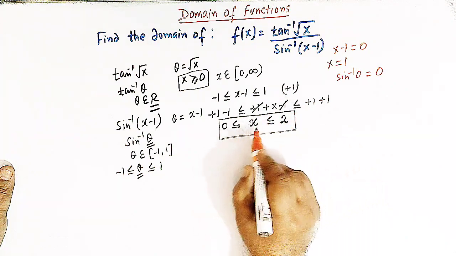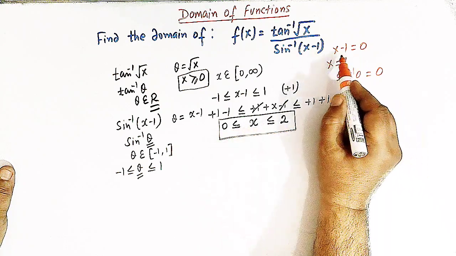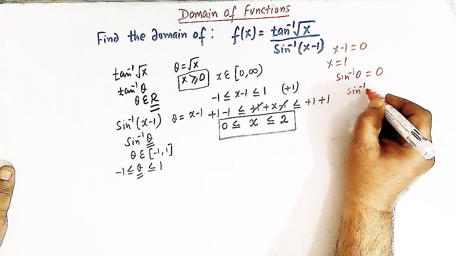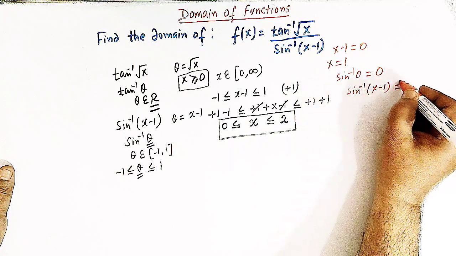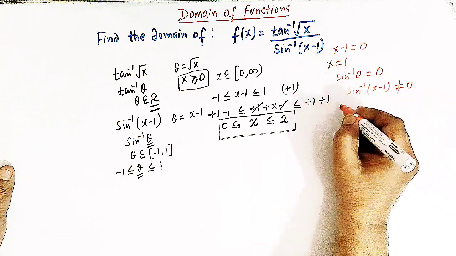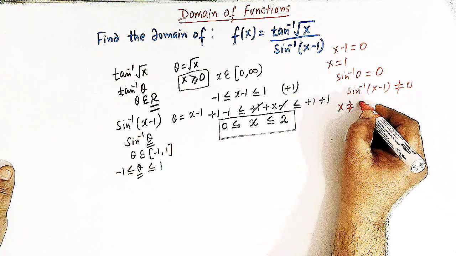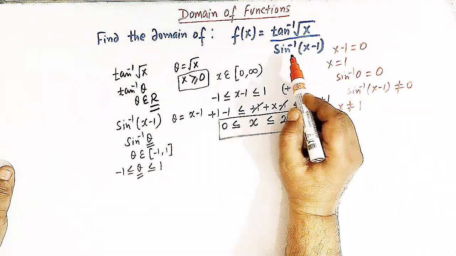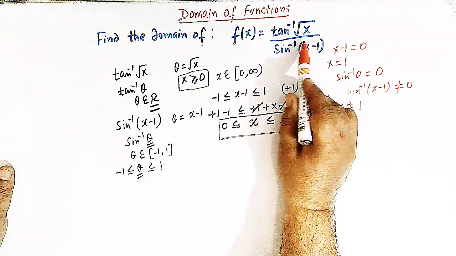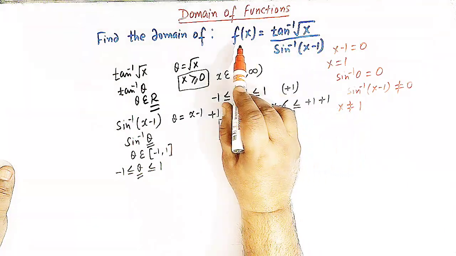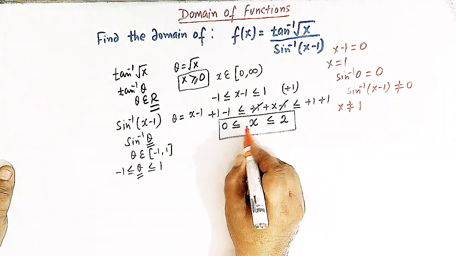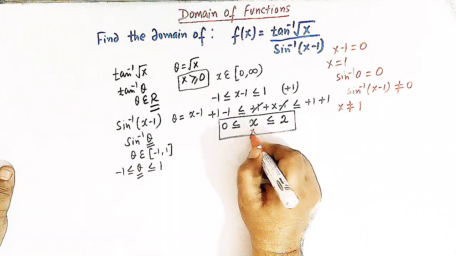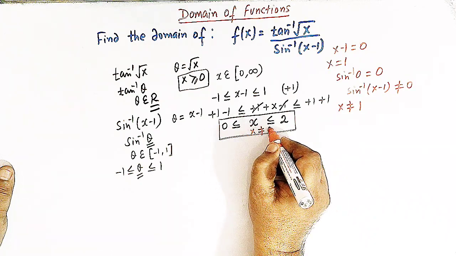So apart from this inequality, this sine inverse x minus 1 should not be equal to 0, right? So for this, x should not be equal to 1. So incorporating these two, the domain of sine inverse x minus 1, which appears in the denominator of this function f of x, we have x greater than or equal to 0 but less than or equal to 2, including x is not equal to 1.